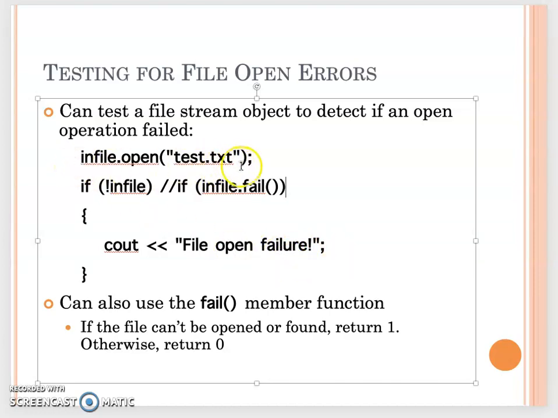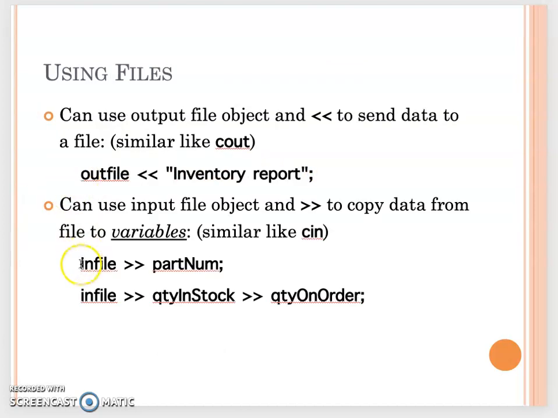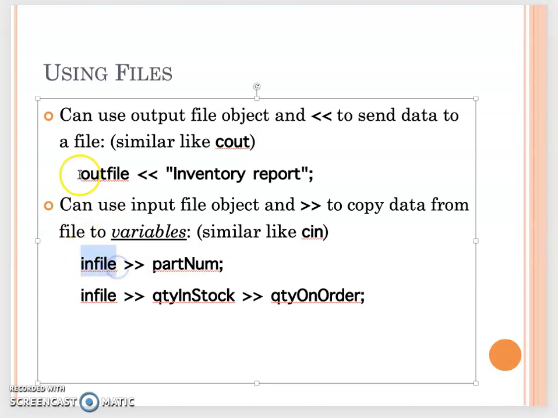Okay, so after you can open the file correctly, no matter whether it's the in file or out file, they are very similar to cout and cin. We will talk in the future about what their relationship is. But here I can tell you that the ofstream object, in our example the out file, is kind of a child of cout.